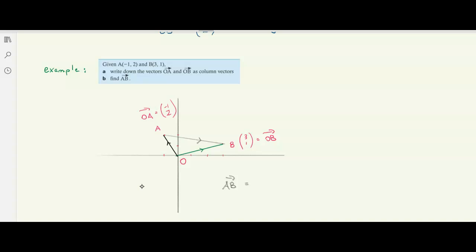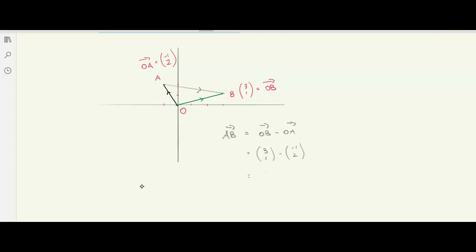Okay, so it's going to be B minus A, if you like. So it'll be OB minus OA. So that'll be 3, 1 minus negative 1, 2. So we'll get 4, negative 1.